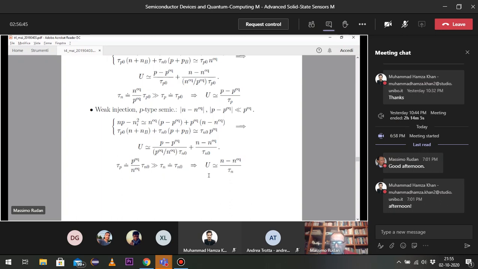Each time we can apply the weak injection condition, we can decouple the equations of the model from one another, because we have U depending on only one type of carriers.